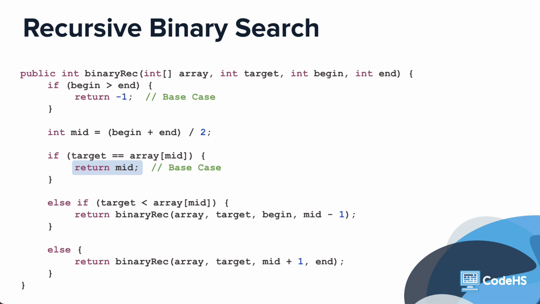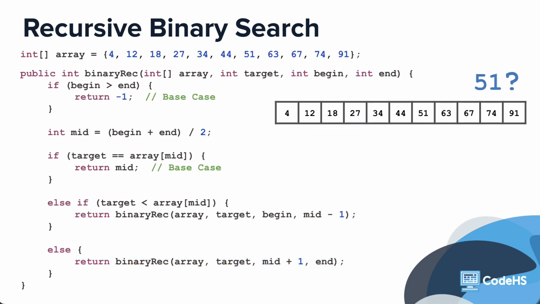The only difference with this recursive method is that when the target value does not match the midpoint, you are recursively calling this method again, adjusting the beginning and ending indexes in the arguments, which get sent into the method as new parameters. Applying this adjusted algorithm to the same array, you actually get a very similar set of steps as the iterative approach. The initial parameters set the beginning and end values. The midpoint index is calculated, the target is greater than the current midpoint value, it now recursively calls this method with a new beginning index and the same ending index.